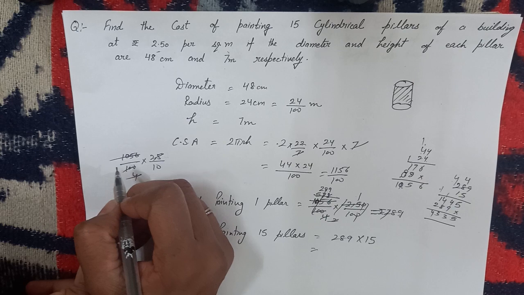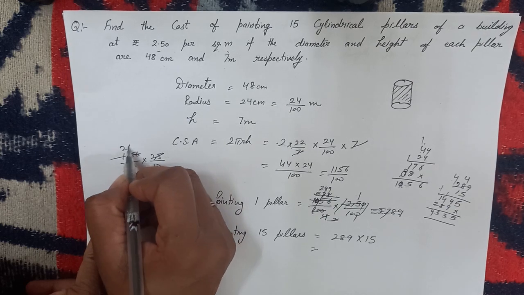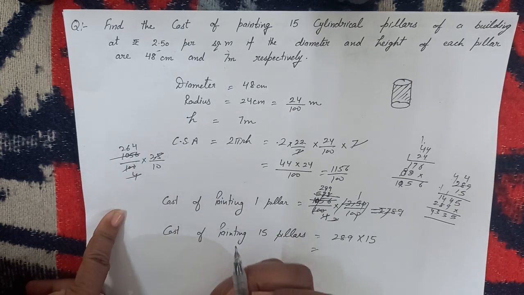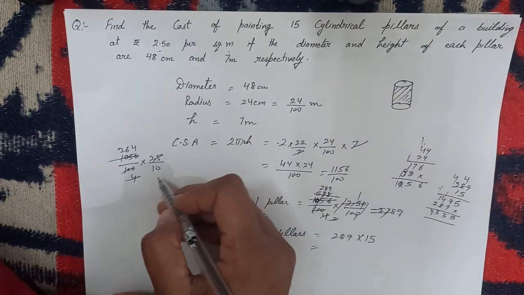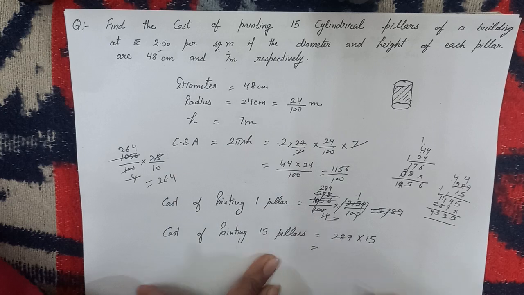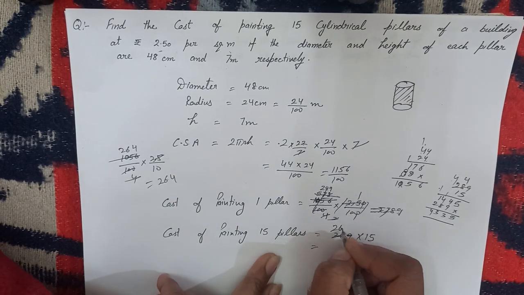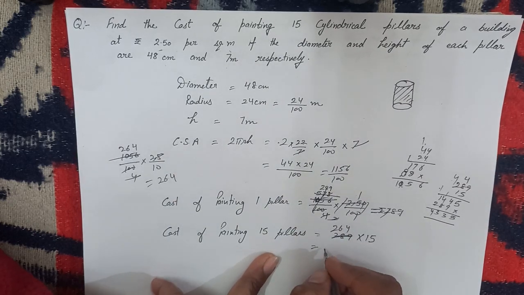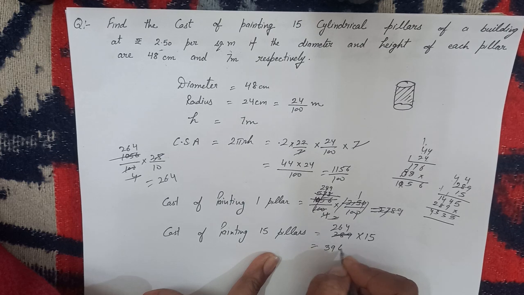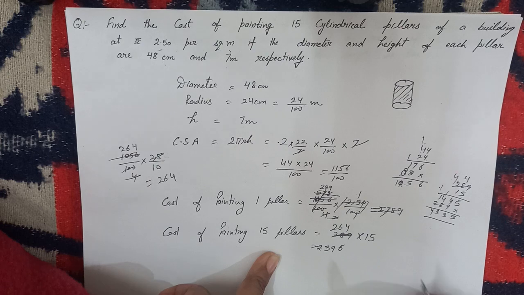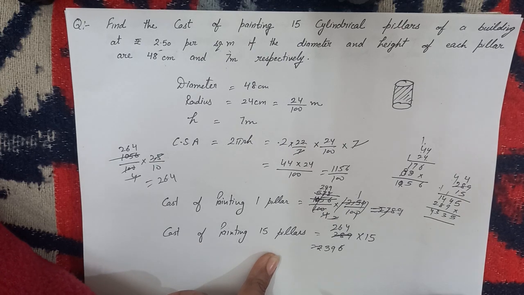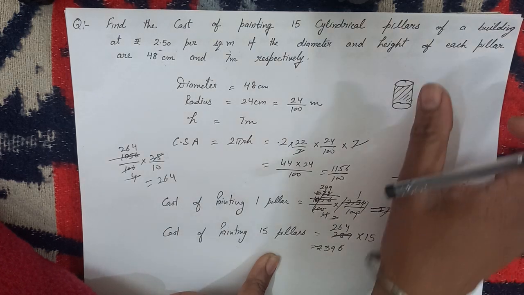Then I will cut it, and I get 264. Now 264 by 10 will be 26.4. So there I will write 26.4, it will be multiplied, and then I will get rupees 396 as the answer. So this is how we will find out the cost of painting pillars.